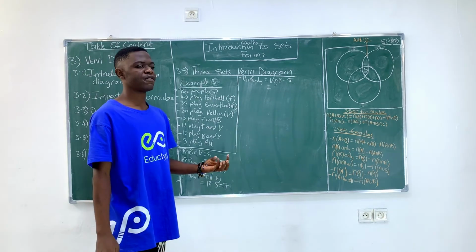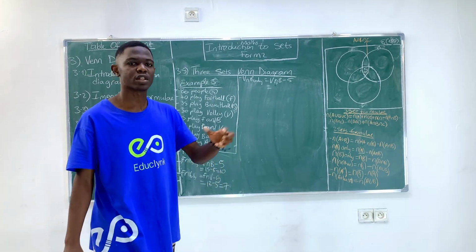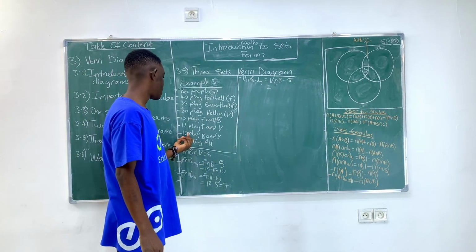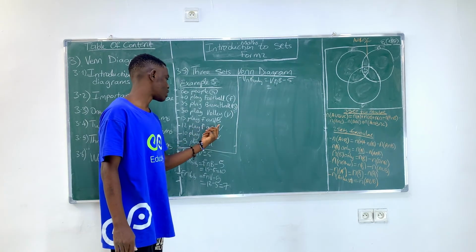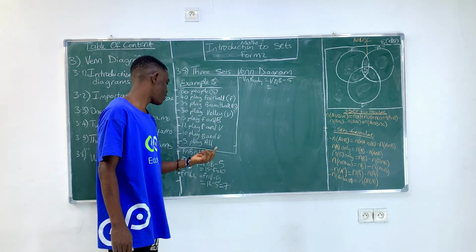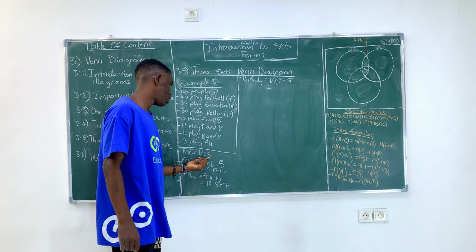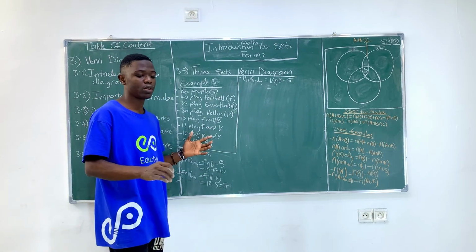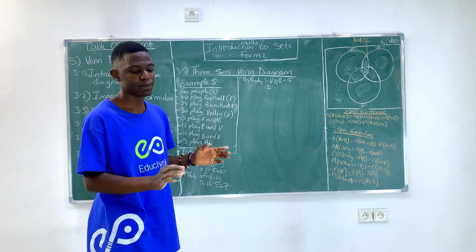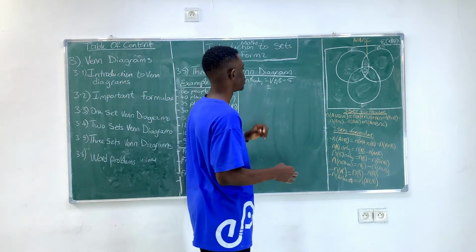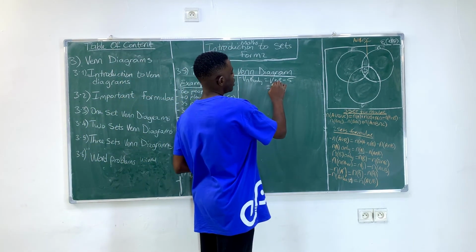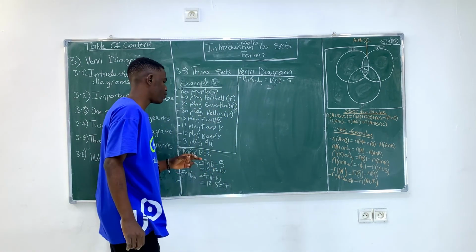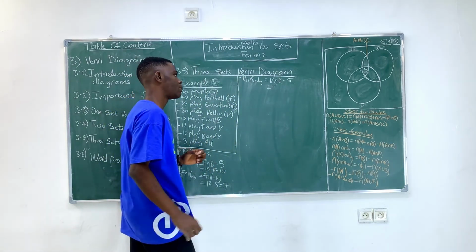The 5 is already found inside football intersection basketball. So when we say football and basketball, this 5 that is everywhere is already inside. So we want football and basketball only without the 5 that is already there by default. So that's why we do this. So we have volleyball and basketball, 10 minus 5, 5.